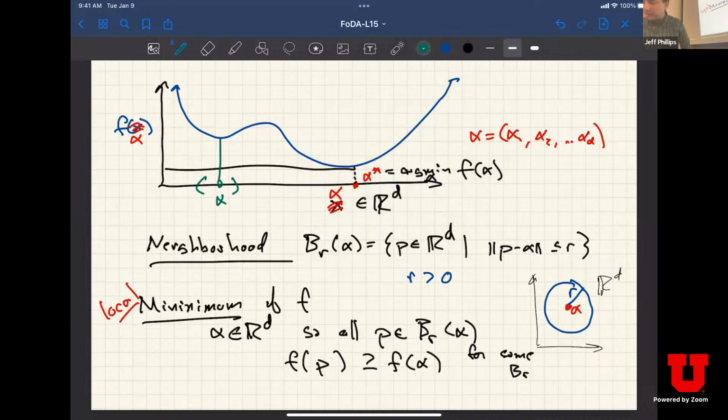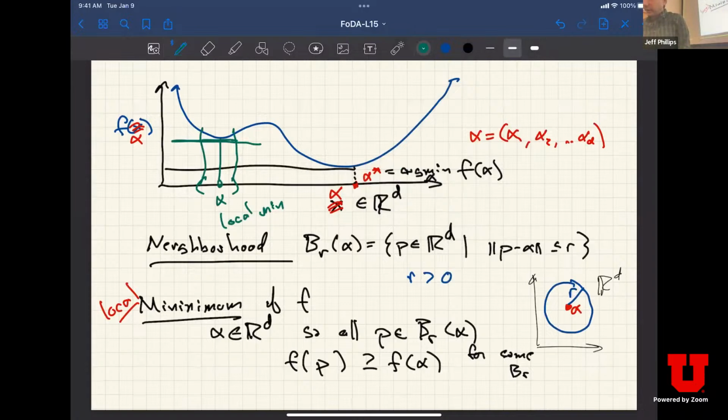And if I look in this neighborhood, then the function value at alpha is lower than everything else in the neighborhood, right? So this would be a local minimum.